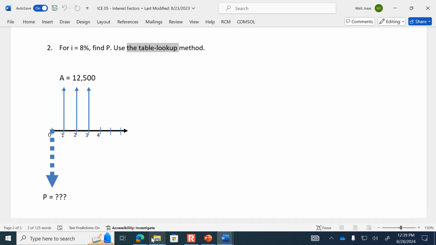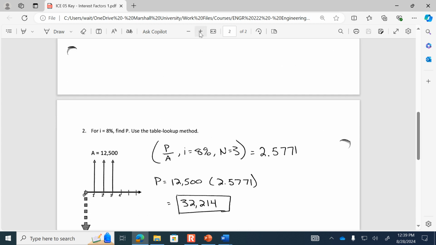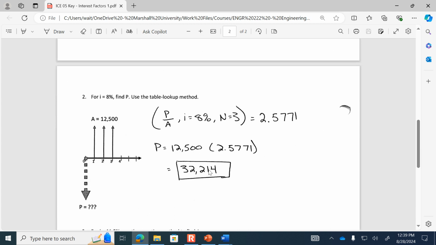And I think for that one we should get 32,214. So there's 1, 2, 3, 4, 5 significant digits in my factor, so I can have 5 significant digits in my answer.